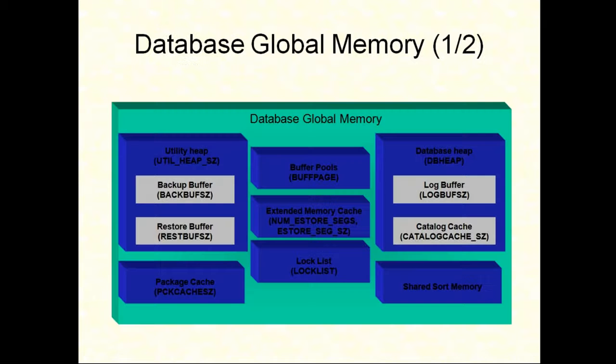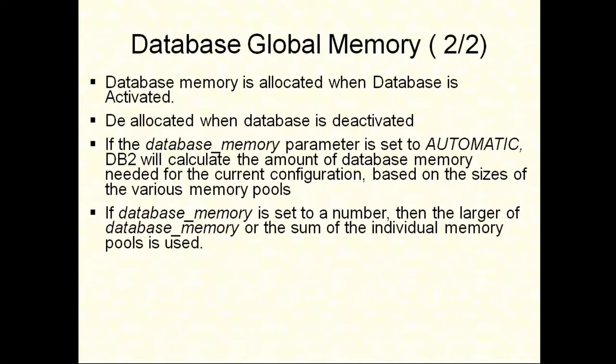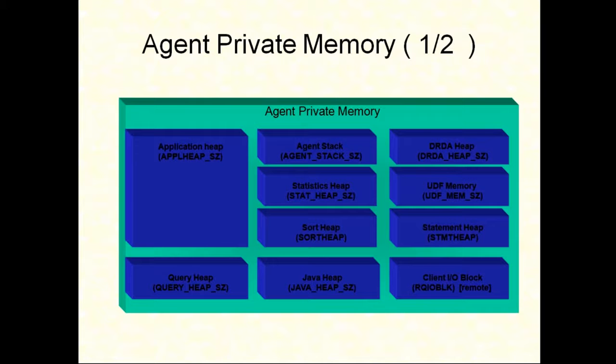And then comes the database memory. In the database memory, as I explained earlier, there are buffer pools, log buffer size, catalog cache, the restore buffer, package cache, and the lock list. These are basically the building memory blocks of a database. And now here comes the agent private memory.